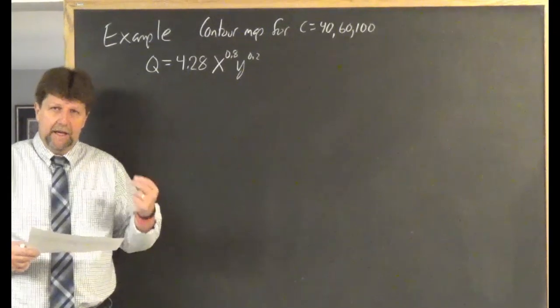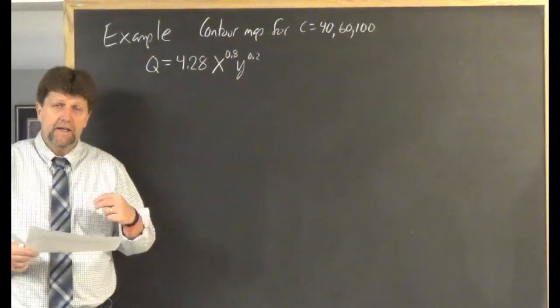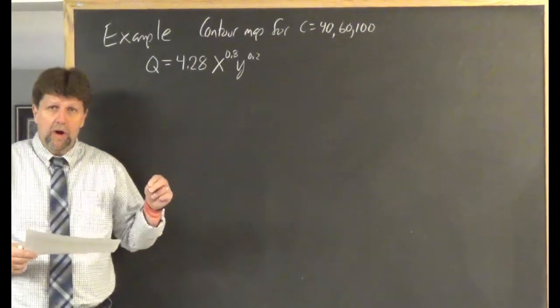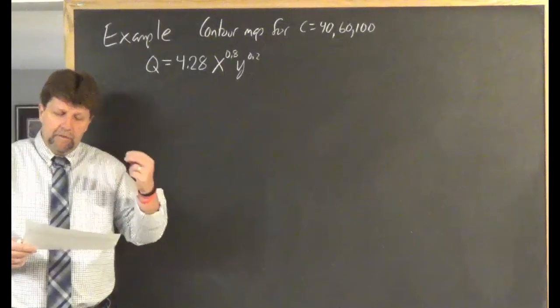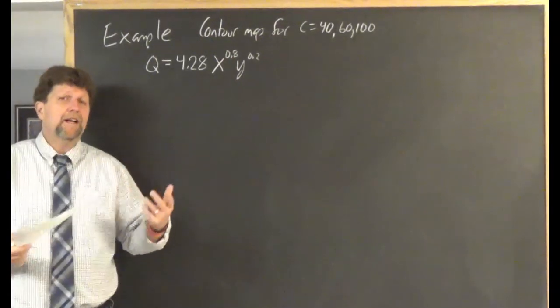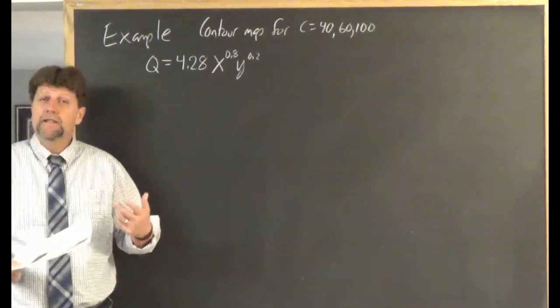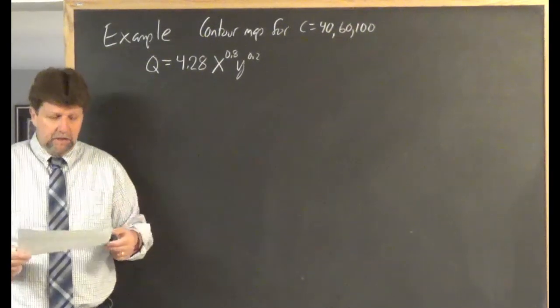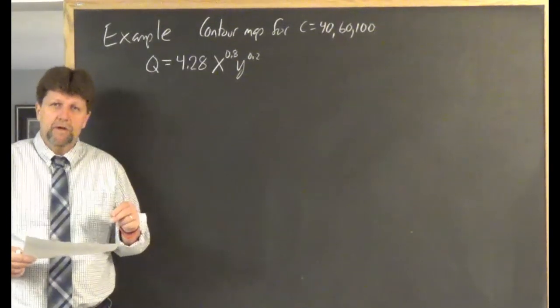In the previous example, we actually did the isoquant for a quantity of 100. Remember, a contour map is just a collection of contour lines, or in this case, a collection of isoquants. So let's go through this process one more time.